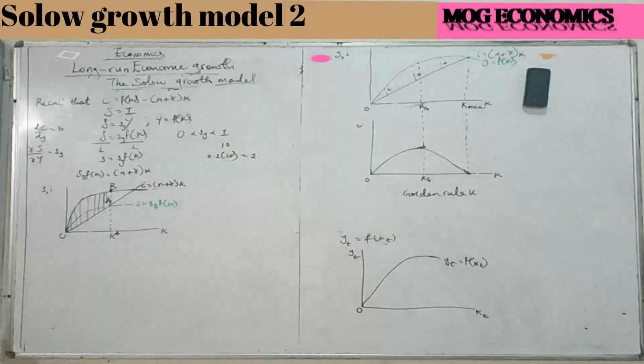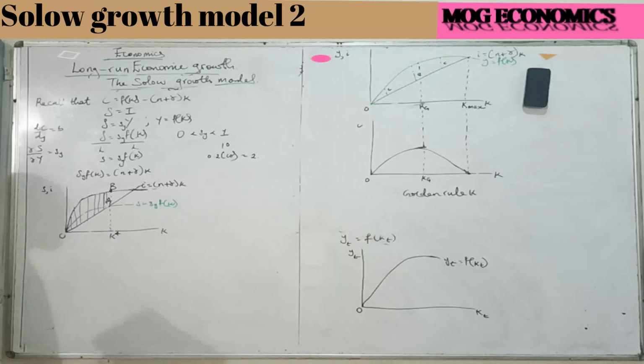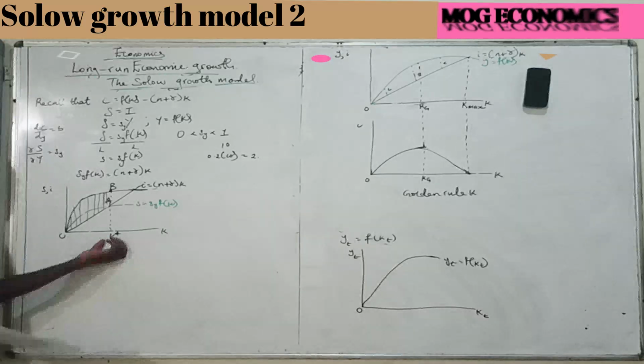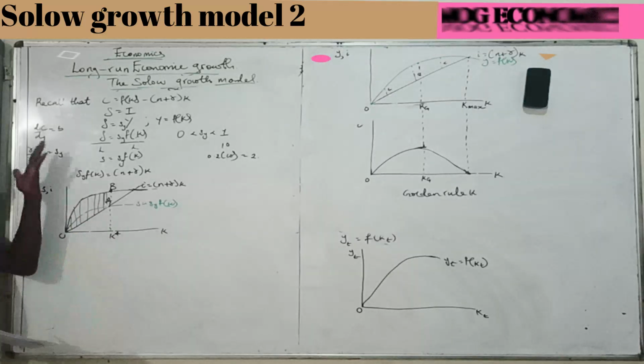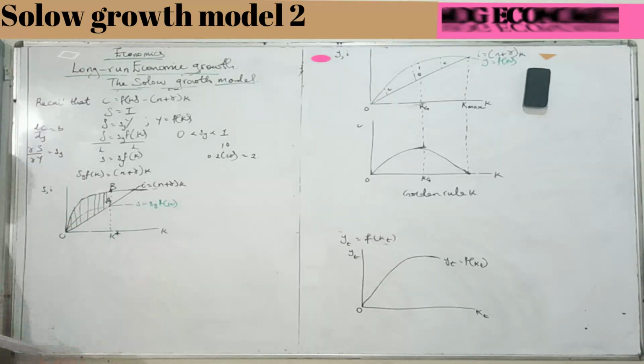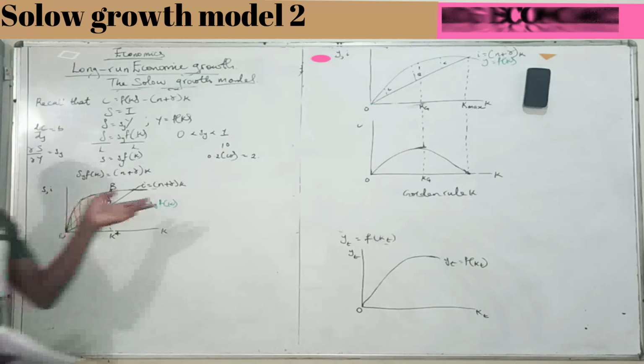So what this is essentially saying is that the standard of living becomes stagnant, because once you reach the steady state capital per worker, whatever consumption you are enjoying there per worker is the max it can go.